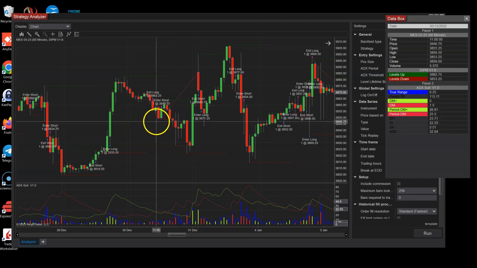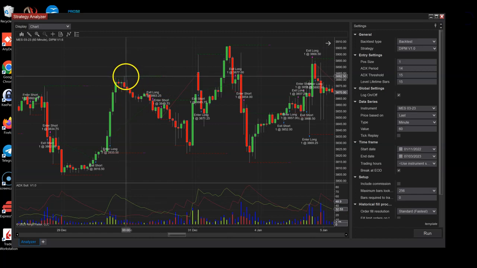However, it's important to understand that this level is taken down for a reason, and the reason is that this particular level has been alive or valid for this amount of bars. Basically the user is able to set, and you can optimize, the number of bars for which the level is actually alive. After that, it still continues to plot, but if a new threshold is hit by the indicator, the level is allowed to be placed lower, or higher if we're looking at the levels on the other side.